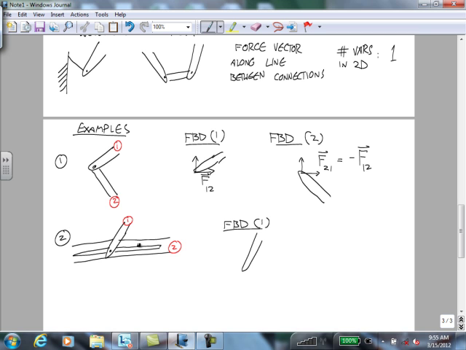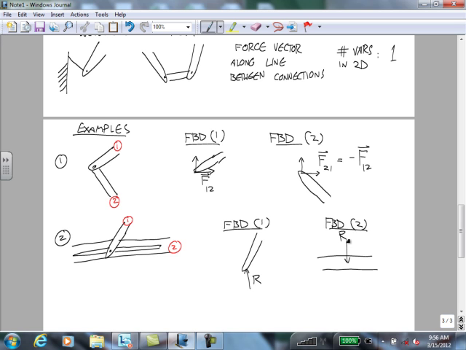I'll call that M12. And then the free body diagram for member 2, you have F21, M21, and F21 is equal to negative F12, so you can reduce the number of variables there.